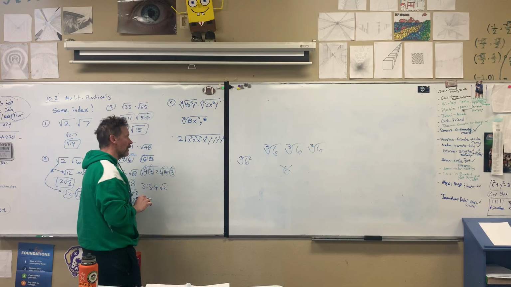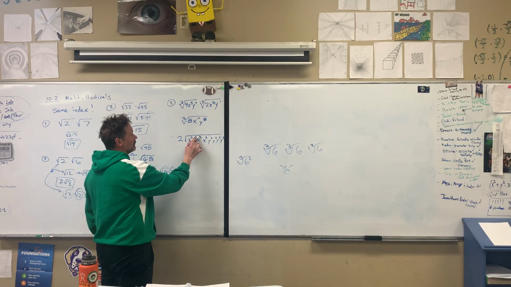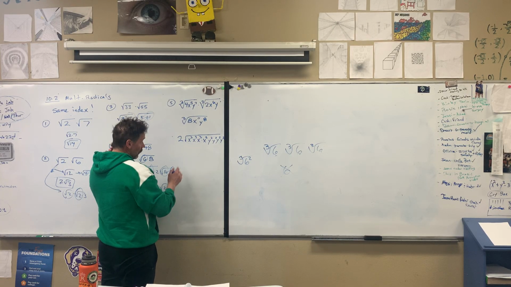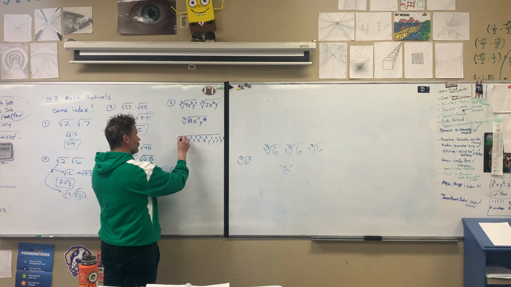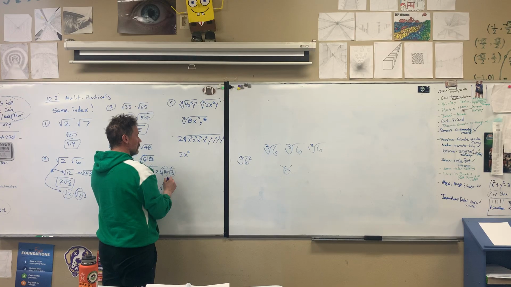Sorry, there's a lot of y squared going on. Now, the challenge here is recognize that since there's 3 of them the exact same, the cube root of x to the 9th is going to be x cubed.